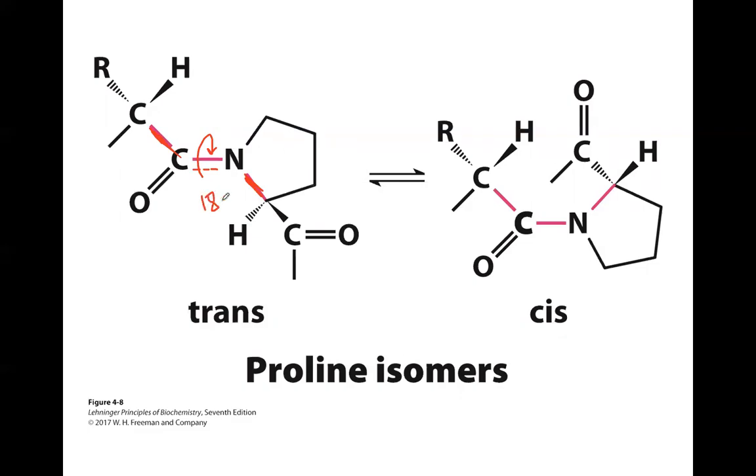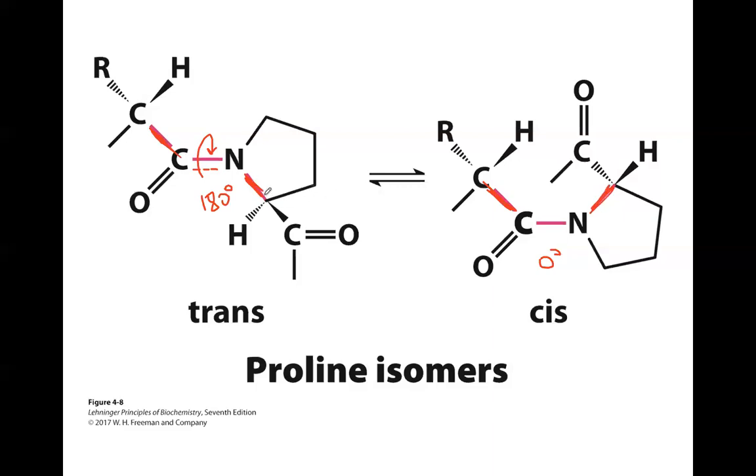Then we're going to rotate this by 180 degrees, and we get to 0 degrees. Now the peptide backbone stays in the same place, but this bond of the peptide backbone is on this side now.